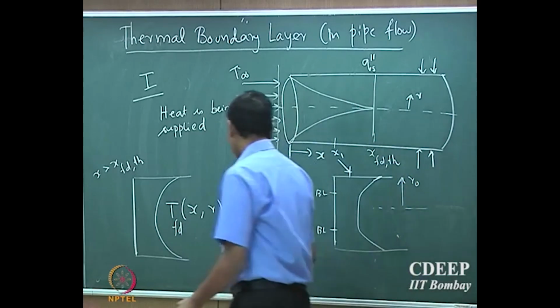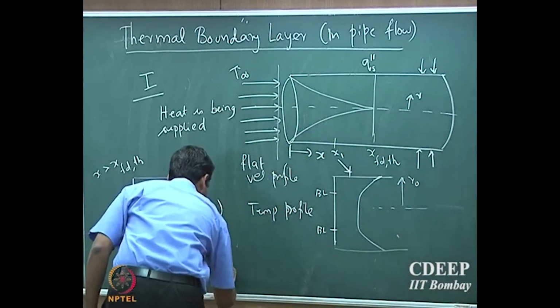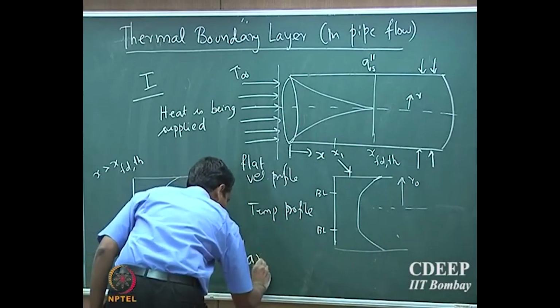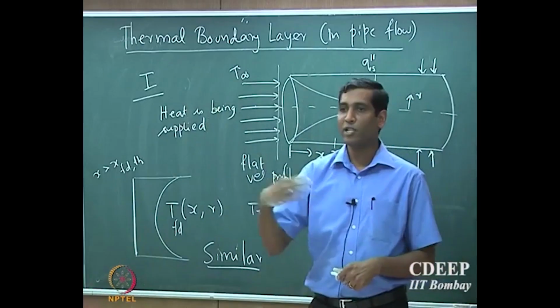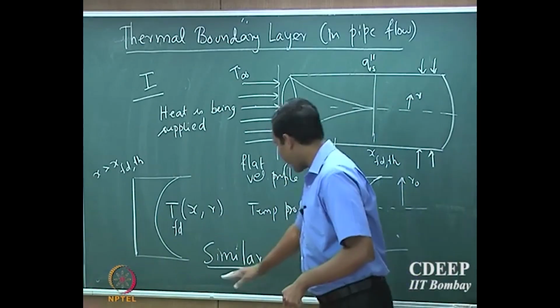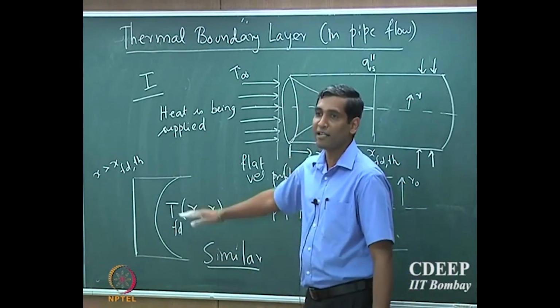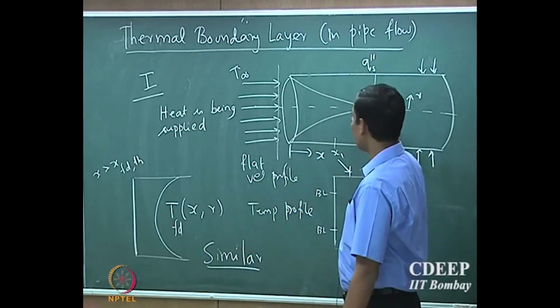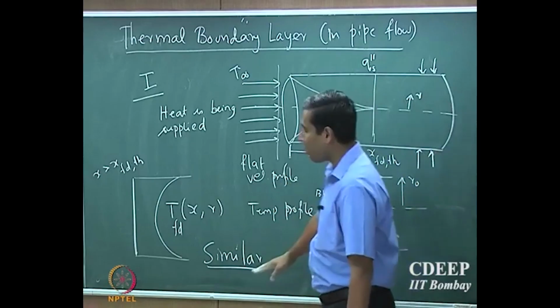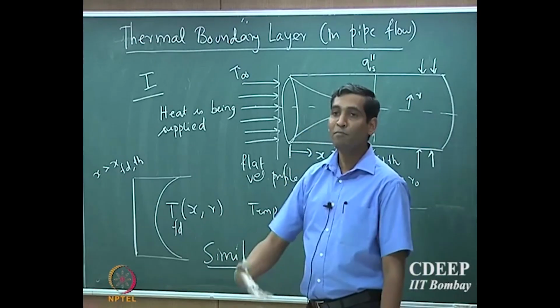So what you will see is that the profiles will be similar. Okay? Mostly in tomorrow's lecture I'll show you how to see that the temperature profiles are similar. It's not very obvious. If you look at the profiles here, it's not very obvious what you mean by similar profiles.